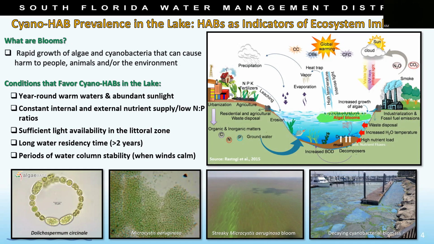But the residency time of water is really long, and that basically allows algae to get all the nutrients from the water column all the time. So we actually can have blooms even during the dry season, which is usually colder, but during the warmer dry seasons, which is basically the winter in Florida, we also can have blooms. So it's just a perfect environment for bloom formation.